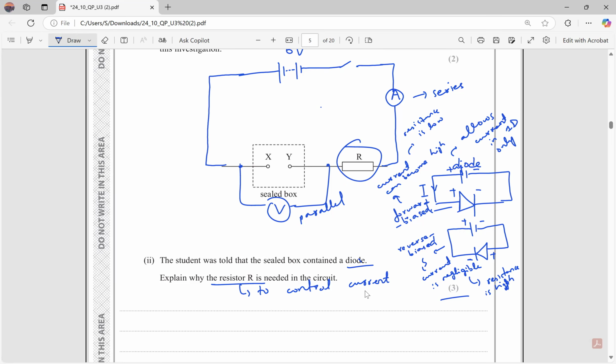For example, for an ammeter, we always say it has zero resistance. Or we sometimes neglect the resistance of the battery. It doesn't mean it's not there. Practically, there will be a resistance, but it's small, so we neglect it.